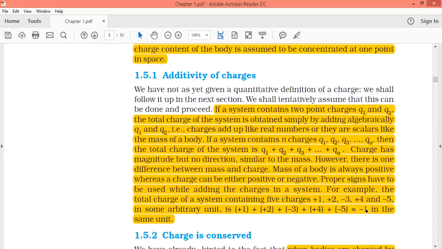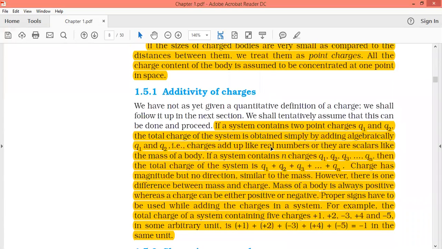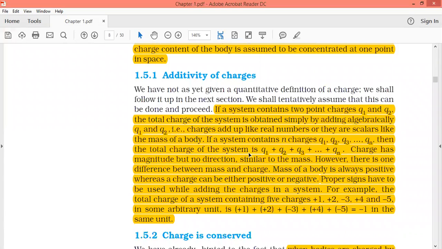Negative means it is negative charge, positive means it is positive charge. Okay, so this is one of the properties of electric charge, that is additivity of charges. And here we will be considering the sign of the charge, because the charge may be positive or negative. When we are adding charges, we have to consider the sign of the charge.